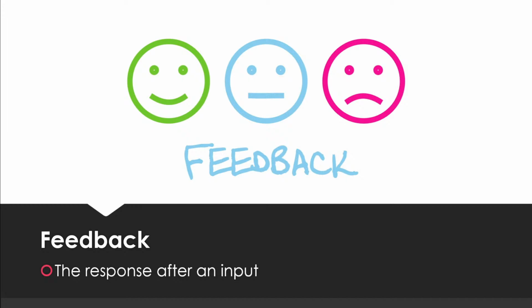So if a button has the affordance of being able to click it, right, or being able to press it, then upon pressing that button, we should get some sort of feedback so that we can know that we took the right action.